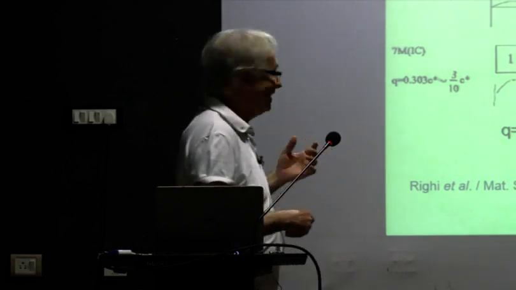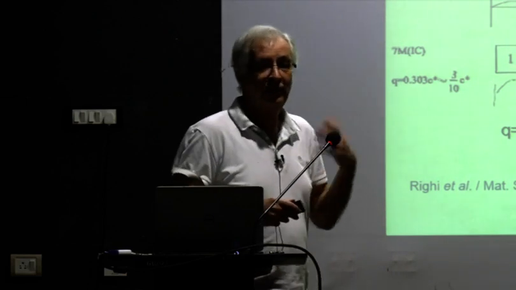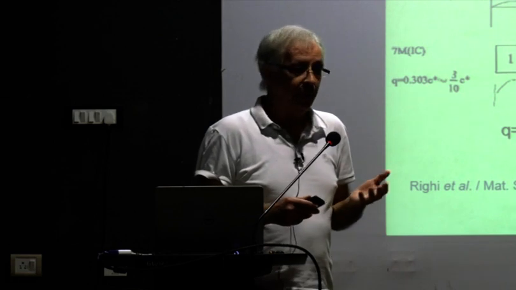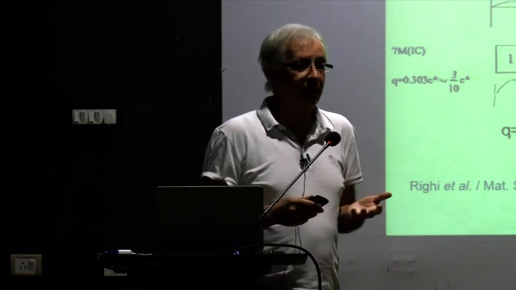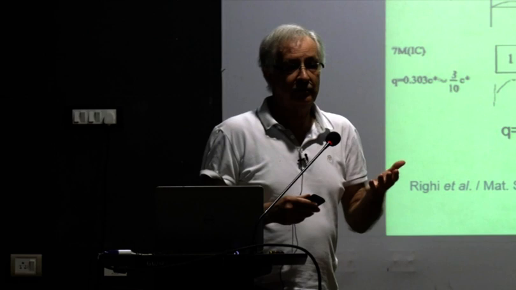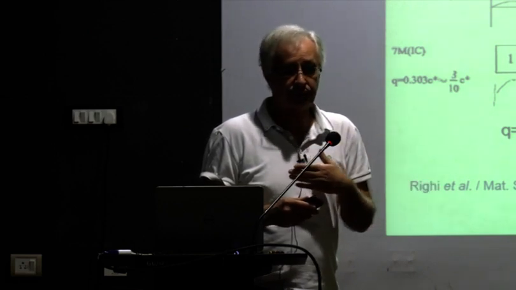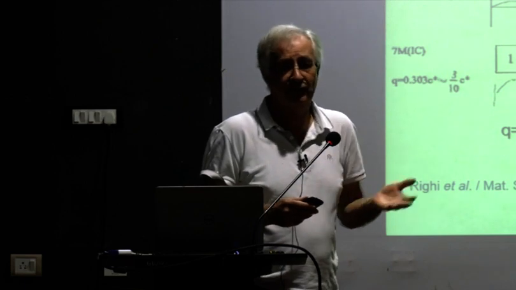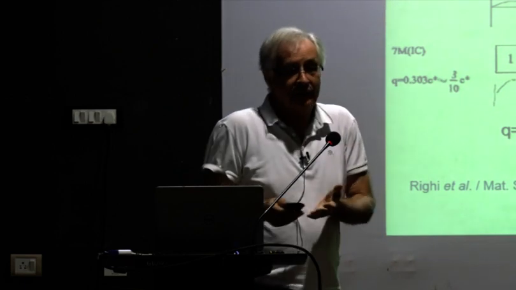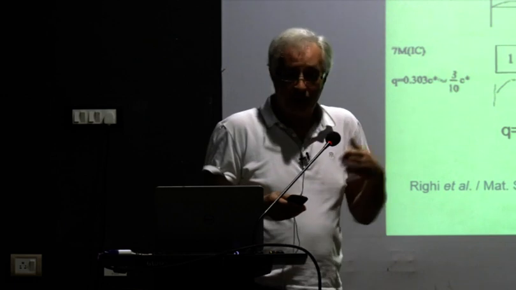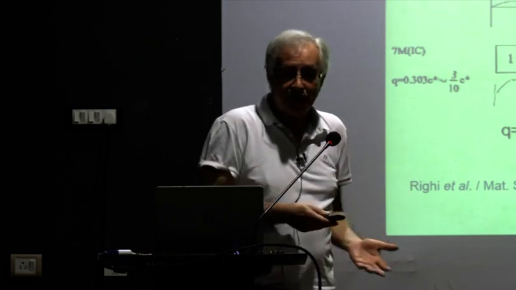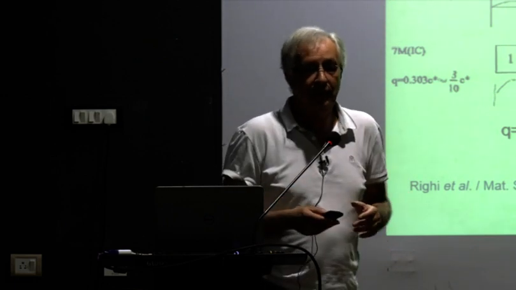Now, how do you know where you're going to start, what you're going to do? That is experience. You look at your X-ray data and try to figure out whether you could fit better to a 5M or better to a 7M. It turns out, by the way, when you're trying to fit to a 7M, it's not exactly tetragonally modulated. You have monoclinic distortions you have to worry about.